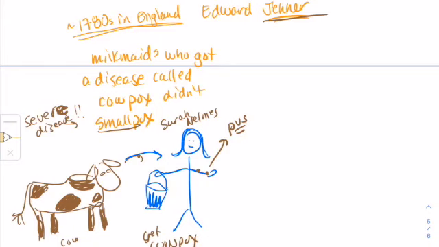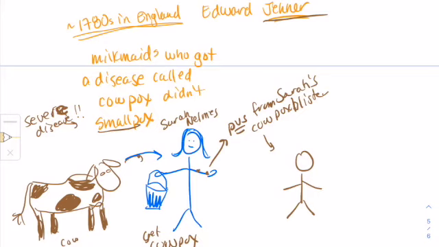He took pus from a cowpox blister from Sarah's cowpox blister, and basically infected this little kid with cowpox. And the kid's name was James Phipps. And he got cowpox.